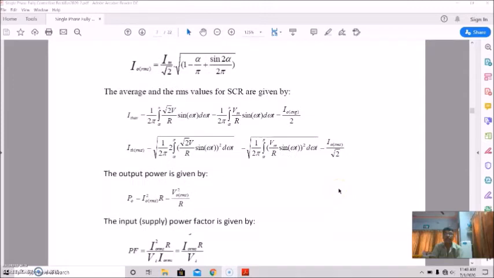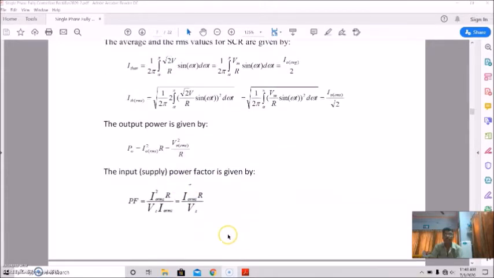And this is the output power. Basically this is the RMS value of the output current squared into R, which will also be the RMS value of the output voltage squared by R. And the input supply power factor is given by this.